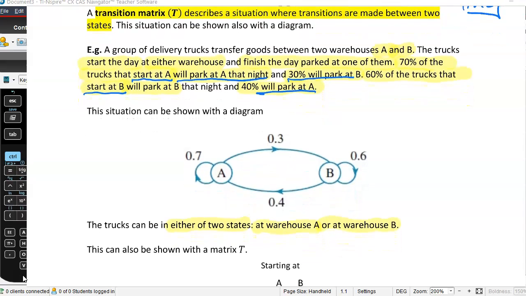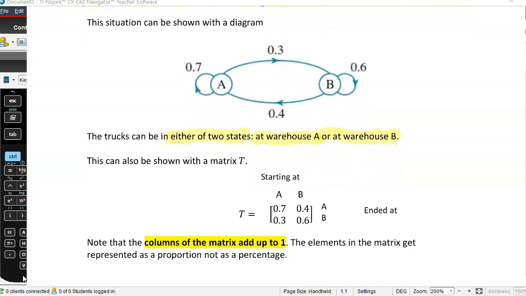Now, we can also represent this diagram as matrix T for transition.